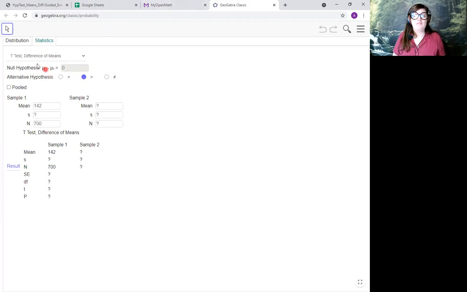We just want to know if Democrats are older than Republicans. Now, how do I set this up? Well, it depends on who is mu1 and who is mu2. So if I say mu1 is Democrats, then I'm asking if mu1 is greater than mu2. So subtract that mu2 over. Let me draw this out. I'm asking if mu1 is bigger than mu2, right?